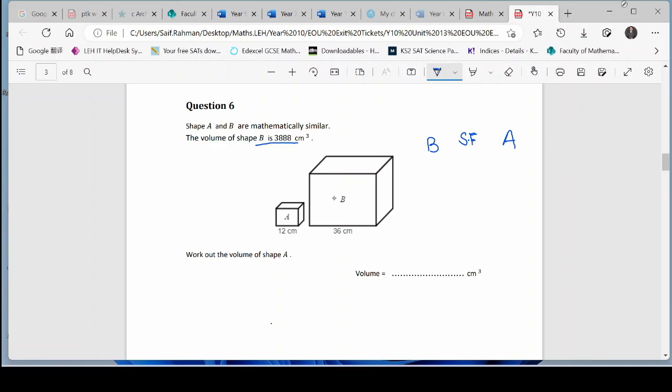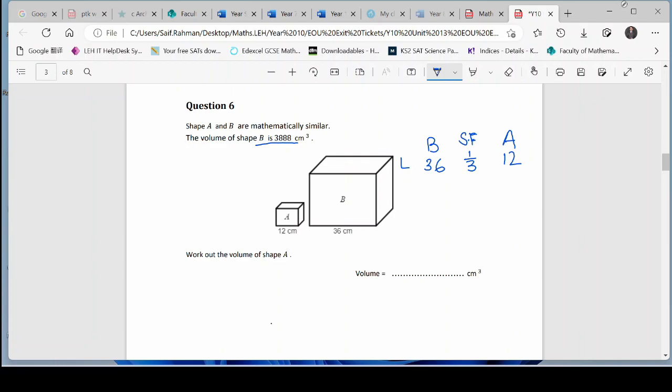First we find the scale factor, and we find that through the length. The length which has been given to us is: B has 36 and A has 12. So 12 divided by 36 is 1 over 3. 1 over 3 is the scale factor which we found from the length.